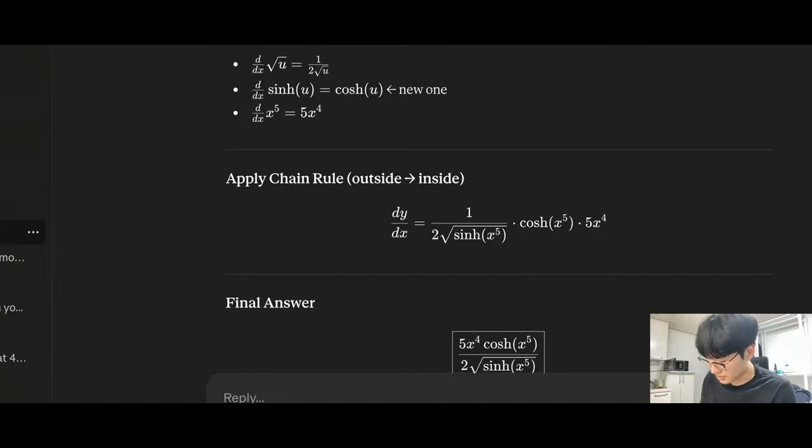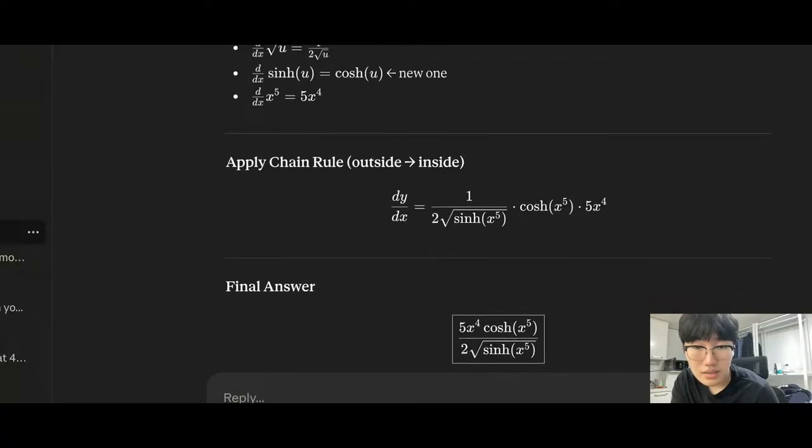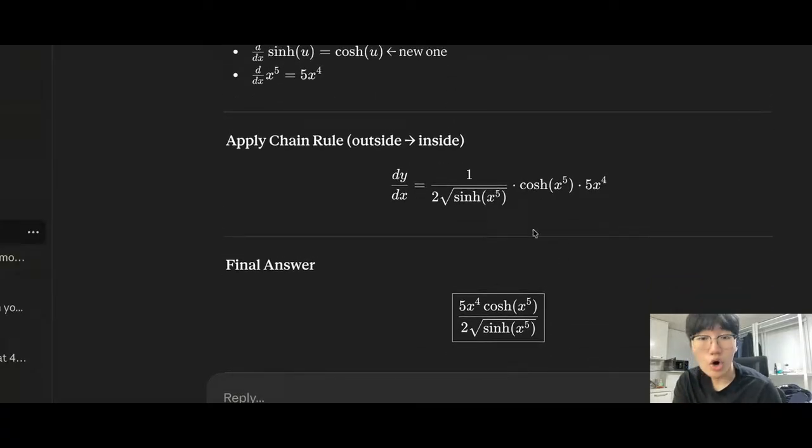Which makes it 1 over 2 square root of cosh x to the power 5 times x to the power 5, and what? Oh, so you just multiply them?